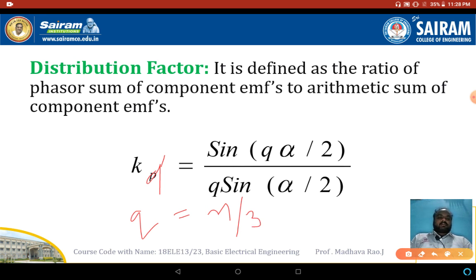The number of slots per pole is the pole pitch n, and the number of slots per pole per phase is q. Alpha is the slot angle.